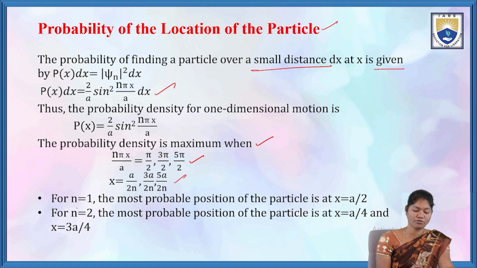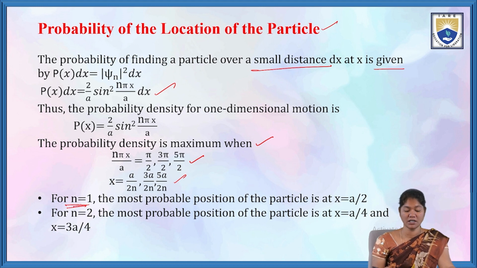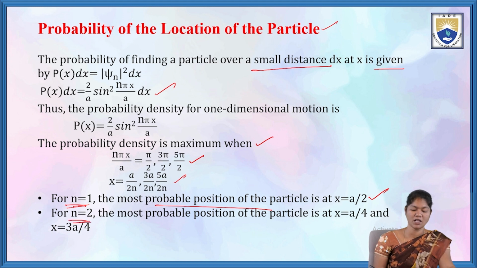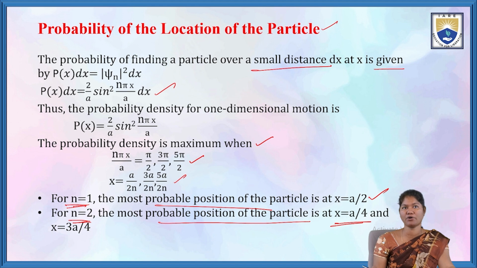Now for n is equal to 1, because n is equal to 0 does not exist, the most probable position of the particle is at x is equal to a by 2. For n is equal to 2, the most probable positions of the particle are at x is equal to a by 4 and x is equal to 3a by 4.